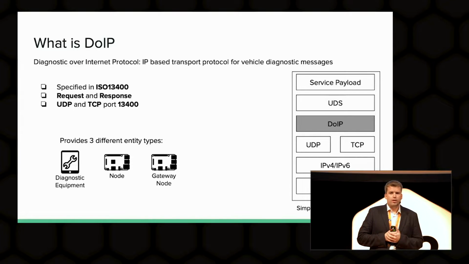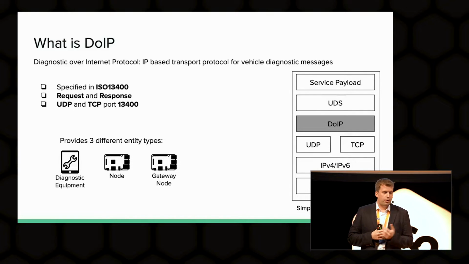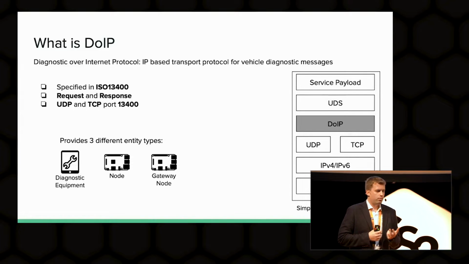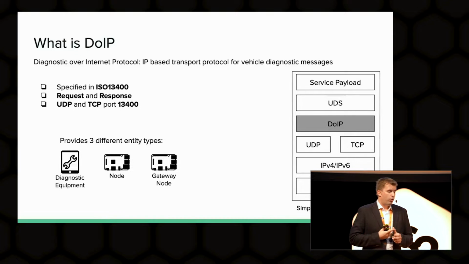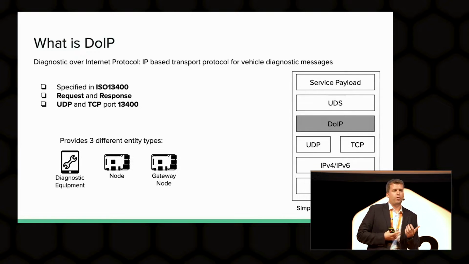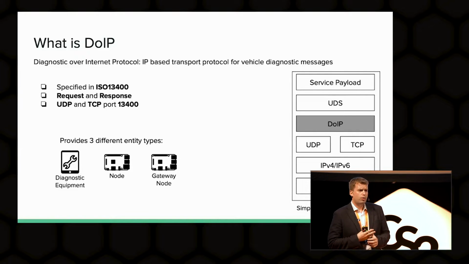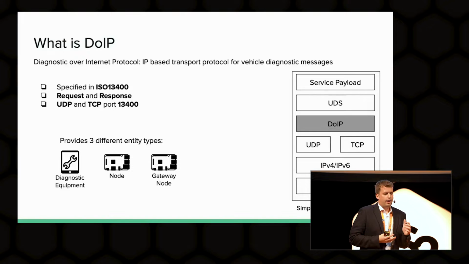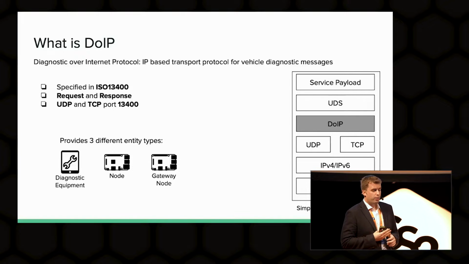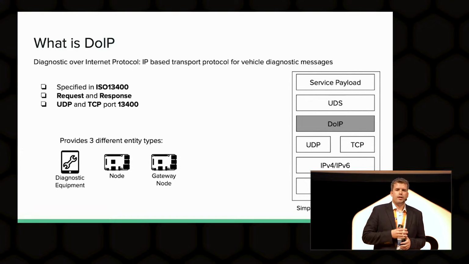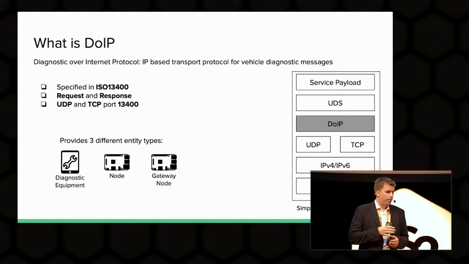In general, the protocol has 3 different types of devices. For one, the diagnostic equipment. Some of you maybe have seen that in a service shop. You connect it, you have software on it that knows what to do. Inside the vehicle, you have 2 different types of devices. It can either be a node or a gateway node, and the gateway node is responsible for transmitting and translating different kinds of protocols between the diagnostic equipment and the device.